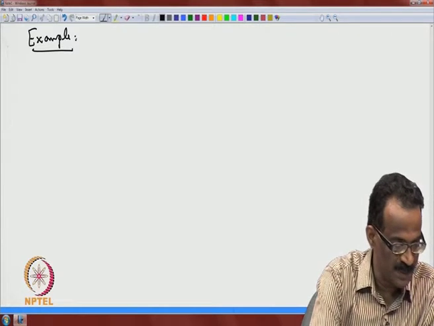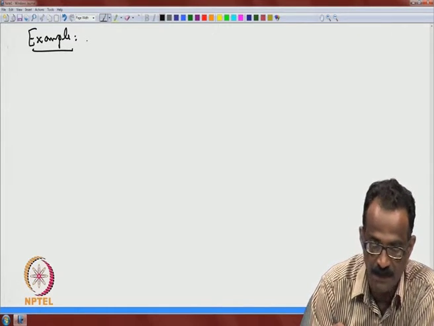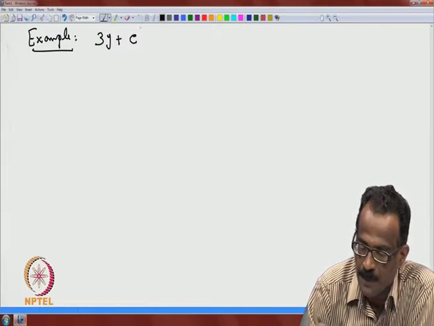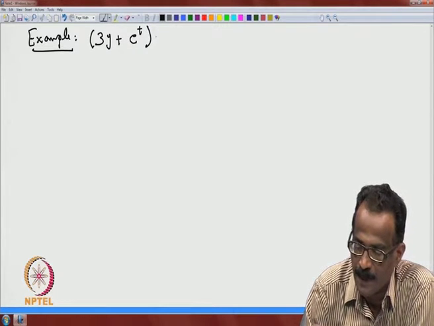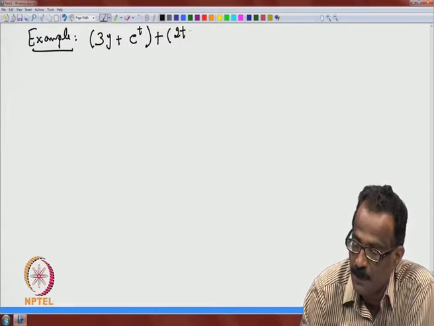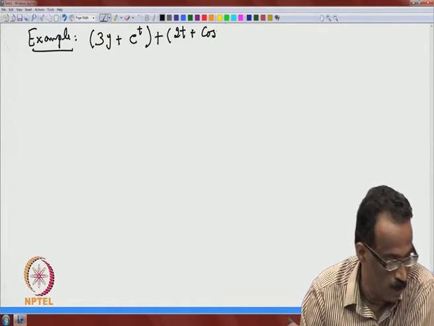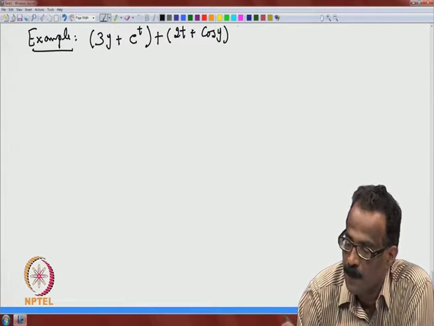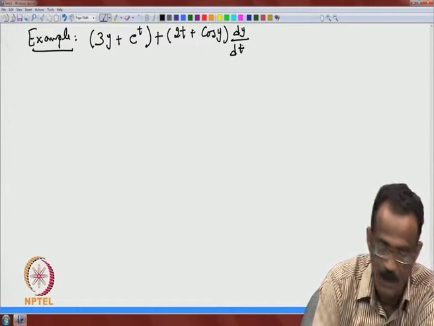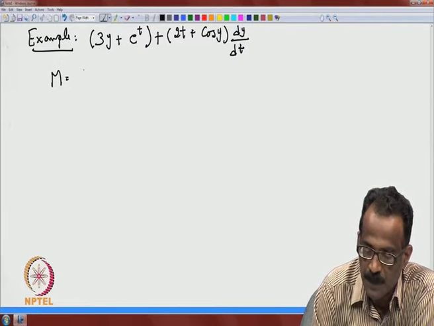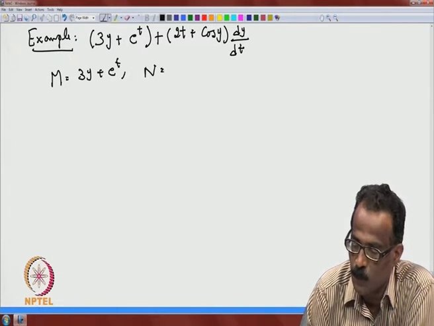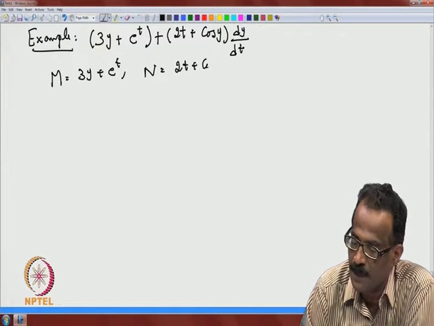You can have plenty of examples, but this is an artificially cooked up example; any equation can do. If a general problem is given, you have to put it in a suitable form: 3y plus e power t, plus something with cos y, into dy by dt. So, what is m here? m is 3y plus e power t, and n is equal to 2t plus cos y.